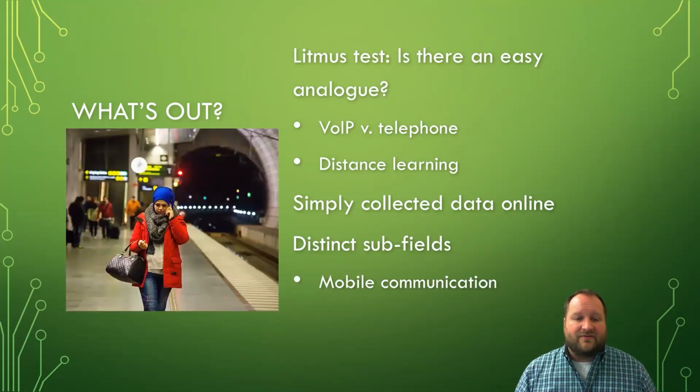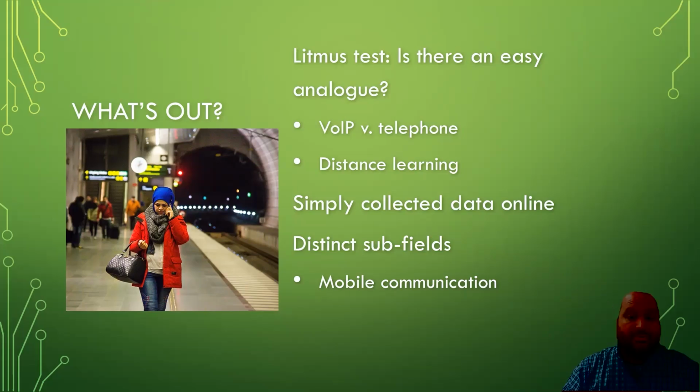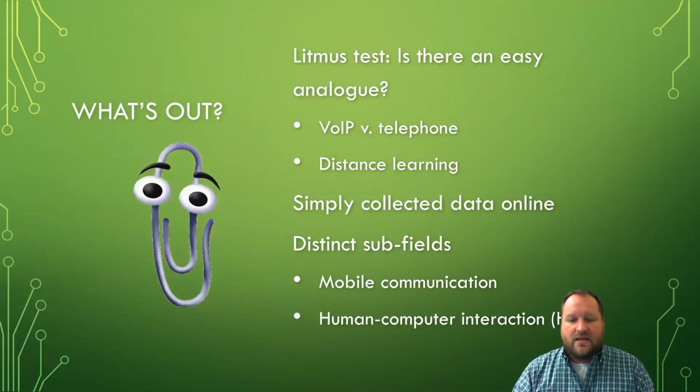Again, a lot of our computational power is now on our mobile phones, but if you're just using a phone to walk around and call people at different locations, that tends to be a mobile issue. If it's not about how the technology is altering or affecting that conversation, interaction, perceptions, that tends to go into the mobile communication discipline.